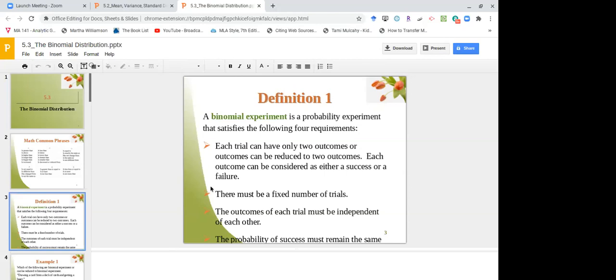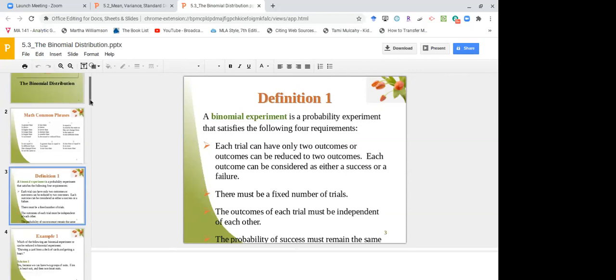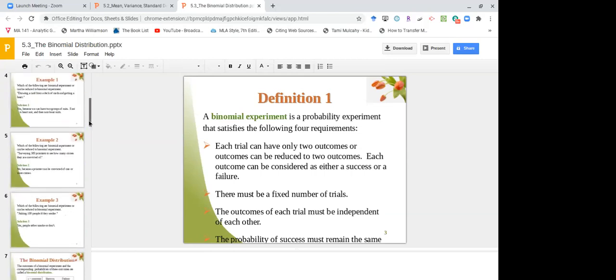These properties you want to memorize and study. They're not that hard to understand, but you will be tested on these properties in one way or another. We most likely will not ask you to write them out, but you do need to know what they are, because you have to know the difference between a binomial distribution and other forms of distribution.